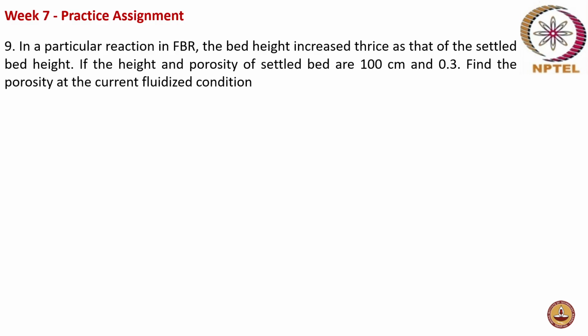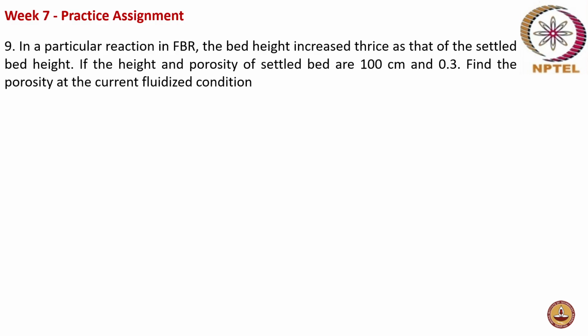So we have a fluidized bed reactor where fluidization is happening. That means some gas is fed in through the reactor to make the particles get suspended, making it become fluidized. And because of this gas flow, the height of the settled bed is increased to 3 times its height when it is fluidized.